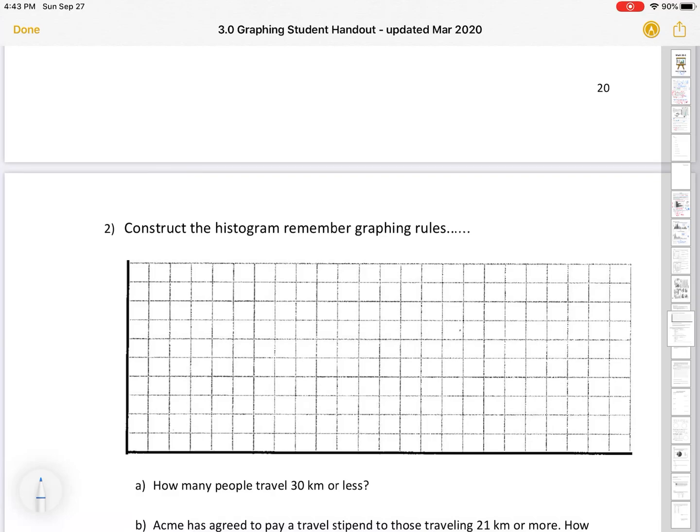We have to remember our graphing rules. So the bars touch, right? And each bar is a range. I want a title. So bars touch, this is different from bar graphs. This is a histogram, right?